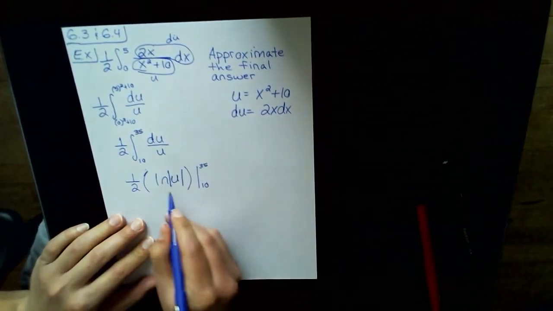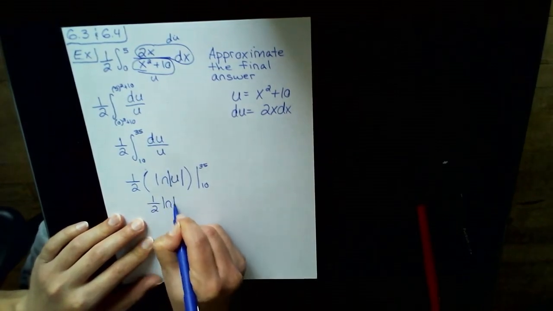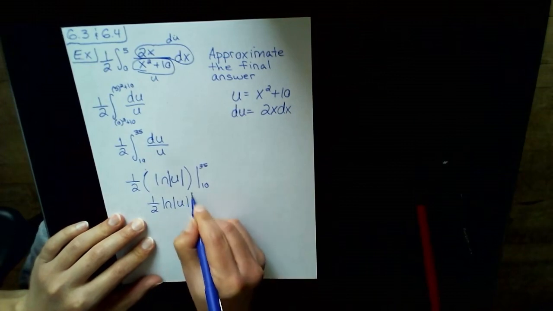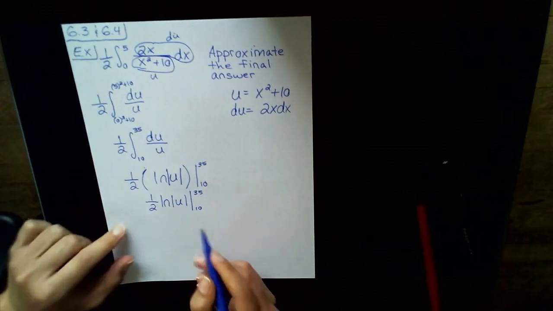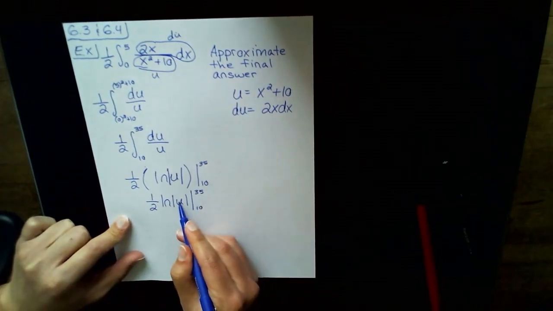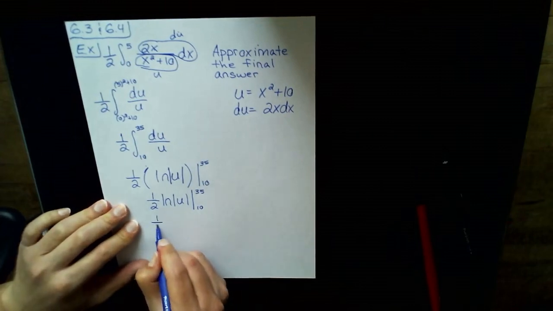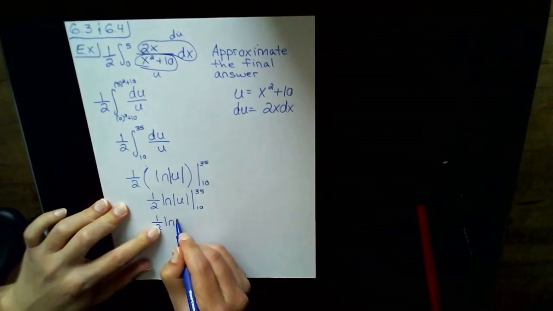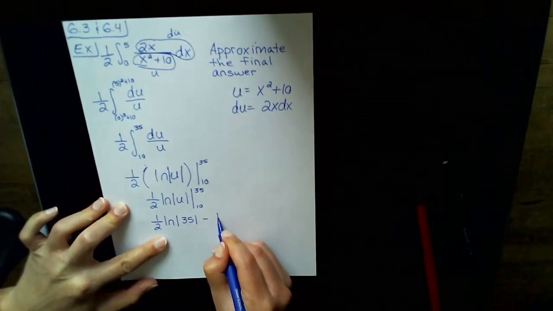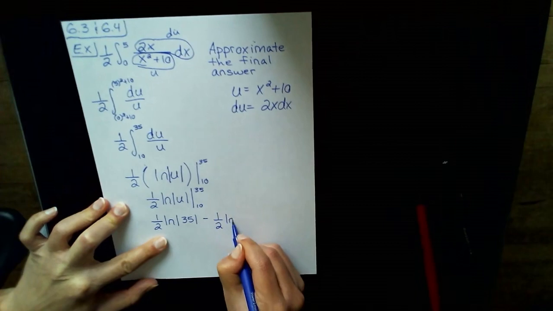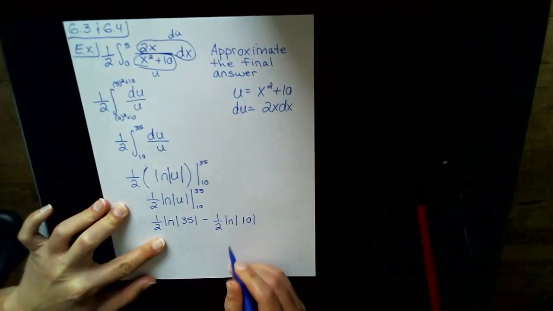So I'm going to rewrite this because it's a little bit messy. We have 1/2 natural log of the absolute value of u from 10 to 35. And we can now plug in 35 and then subtract when we plug in 10. So we get 1/2 the natural log of the absolute value of 35 minus 1/2 the natural log of the absolute value of 10.